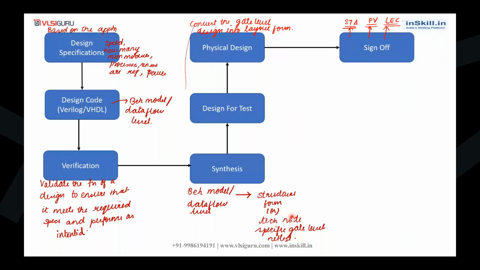If we want to go for low power design, we need to add some special cells like clock gating, retention registers, and isolation cells. Similarly, at the time of DFT, we add our own test structures into the design, like scan insertion, MBIST insertion, boundary scan insertion.